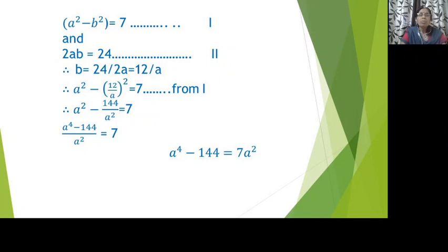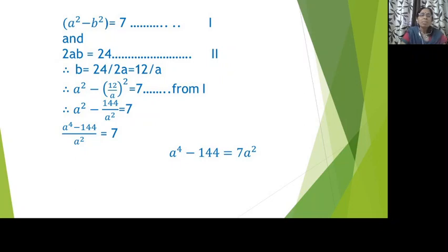Now we have to put this value of b in equation number 1. So we get a square minus (12 upon a) whole square equal to 7. Squaring 12 upon a, we get a square minus 144 divided by a square equal to 7.